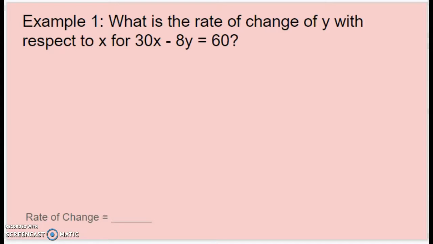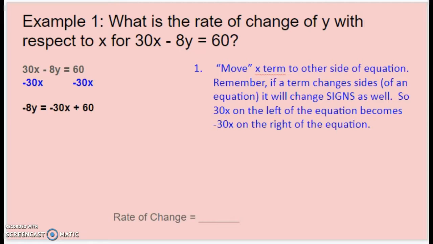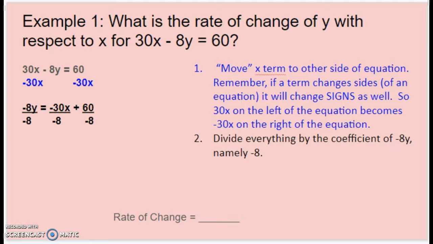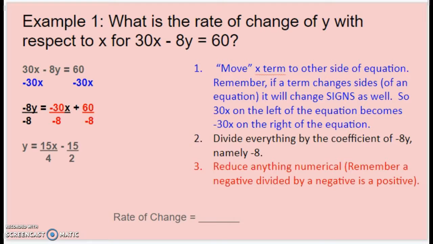Another quick example using the same guidelines. If we want to solve for y with respect to x, what will we do? The first thing we will do is move the x term to the other side. Next thing that we will do is divide by the number in front of y, which in this case is a negative 8. We'll reduce anything numerical.